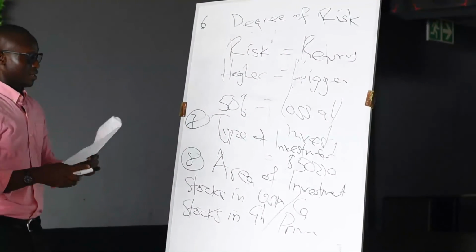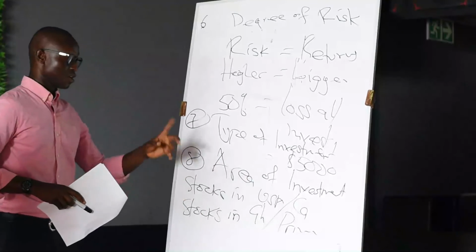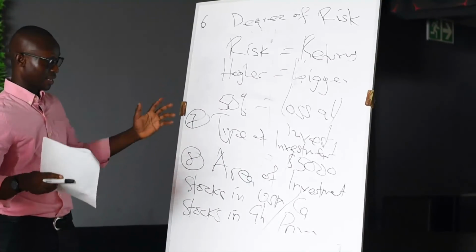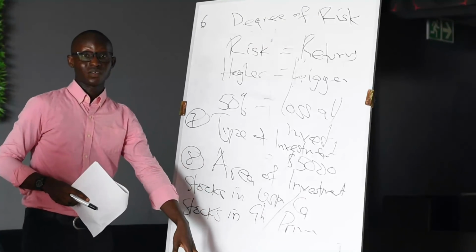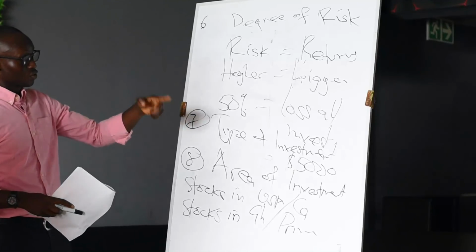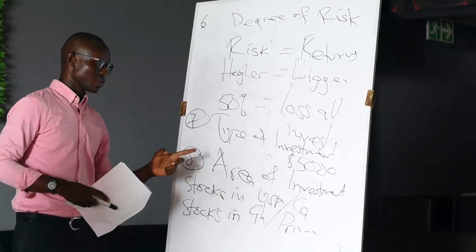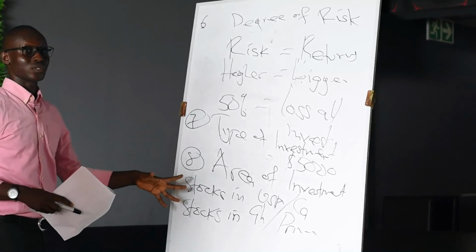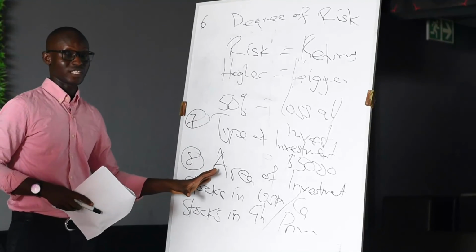Investing in stocks in the USA, California, may give you bigger returns than investing in stocks in Ghana, in Princess Town. So whenever you are going into investments, it's about you to do what I call search and research, to know the area or the location that will give the best safety and bigger returns on your investment.